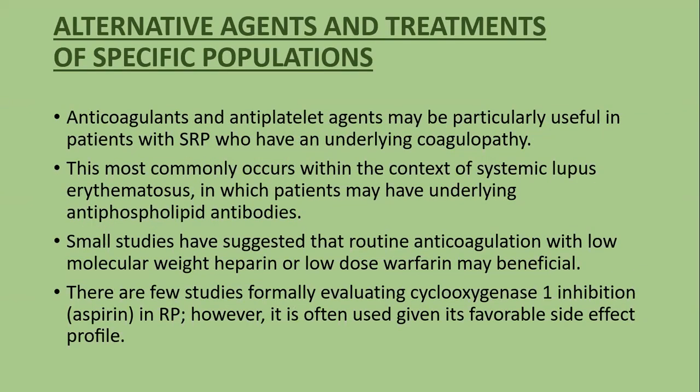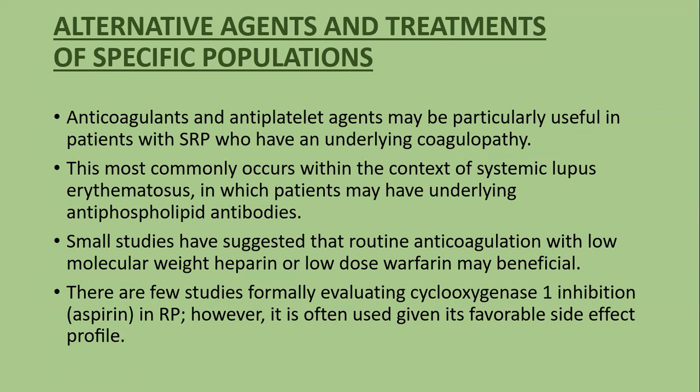Alternative agents and treatments of a specific population. Anticoagulants and antiplatelet agents are particularly useful in patients with secondary Raynaud's phenomenon with underlying coagulopathy. This most commonly occurs in the context of SLE, in which patients have underlying antiphospholipid antibodies.